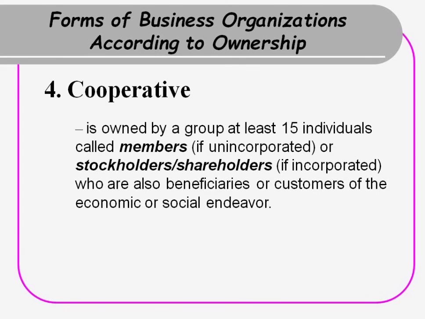An example of a cooperative is a group of employees of a certain corporation who decided to establish a small convenience store inside the premises of the corporation. Those employees who own the cooperative also become customers of the cooperative as they also buy from the store, together with other employees of the corporation.